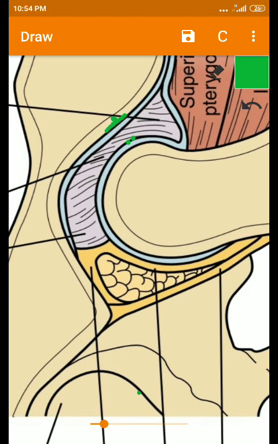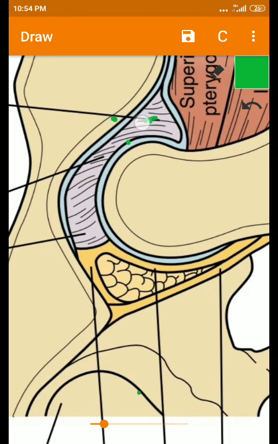So however much portion is in contact, that much range of motion would be available at that joint. That is not occurring here because of the articular disc. It minimizes the loss of mobility.